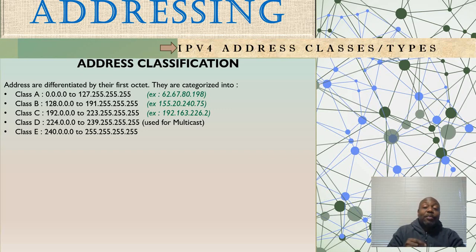Class C has the first octet from 192 to 223. And class D, which is used for multicast, we'll talk about multicast in future videos, has the first octet from 224 to 239. The remaining addresses from 240 to 255 are special addresses for class E. So that's how we differentiate the classes of addresses. Note that it is not based on the subnet mask, but on the first octet.